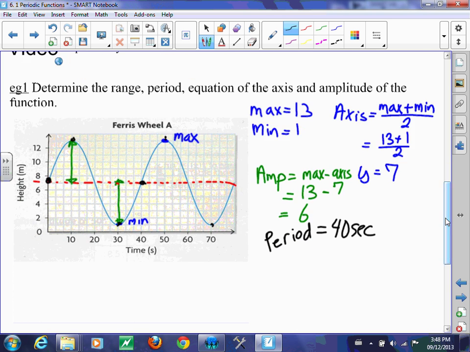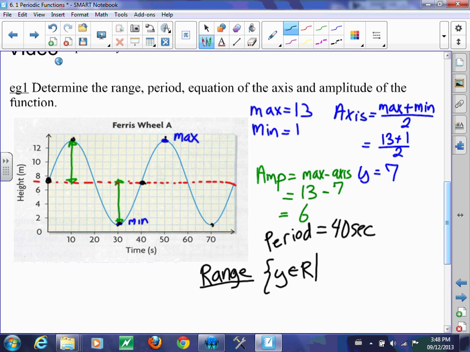And just like other functions, ladies and gentlemen, your range is based upon your minimum and your maximum values. So when you're dealing with range, you want to find the minimum and maximum, because y belongs to the set of real numbers such that the minimum is less than or equal to y, which is less than or equal to the maximum.